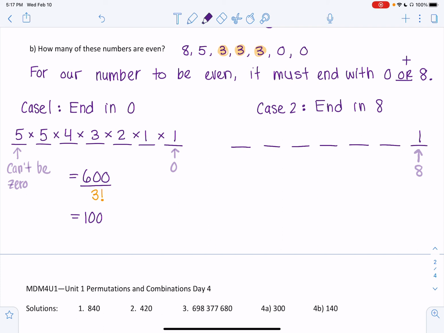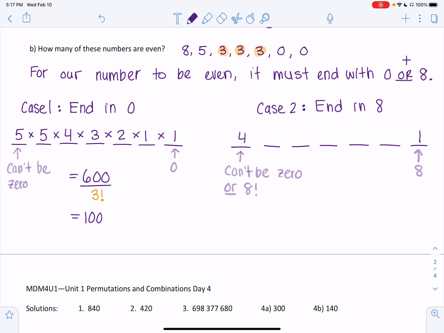Now again here, we still can't have a 0 in front. In addition to that, we also can't have an 8, because the 8 must be at the end. So this one can't be 0 or 8. That means we've eliminated the 8 and the zeros, so I only have 4 options.